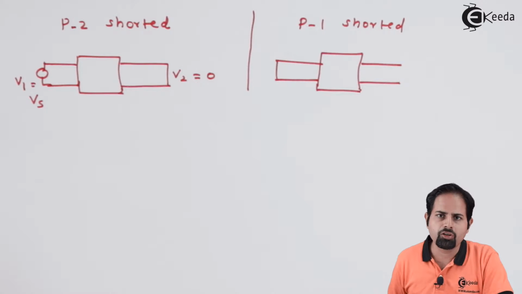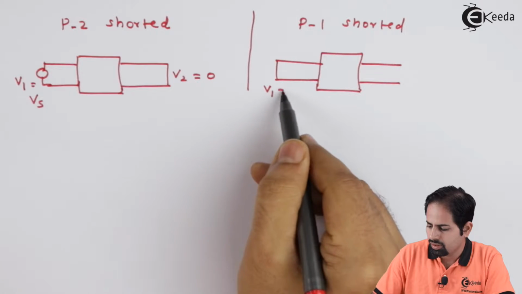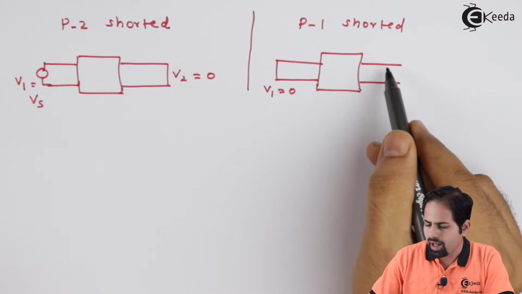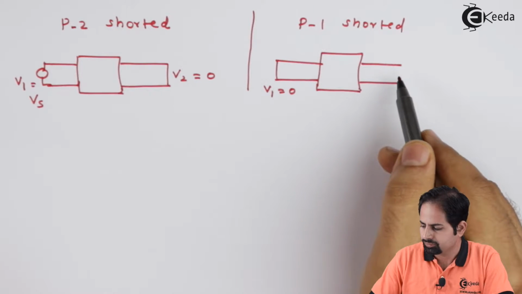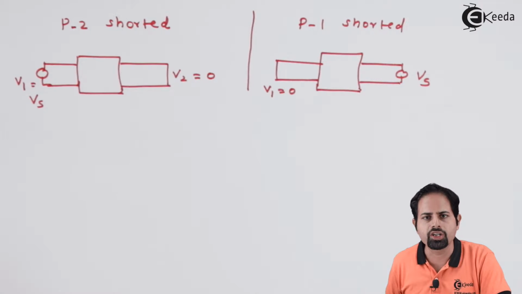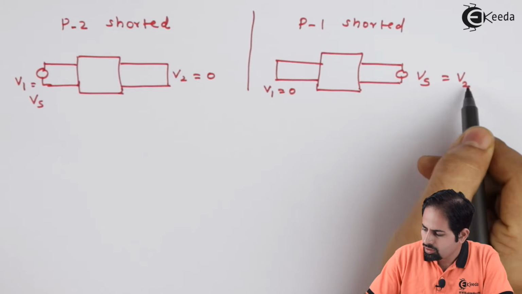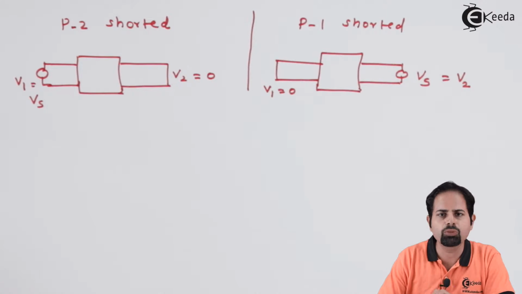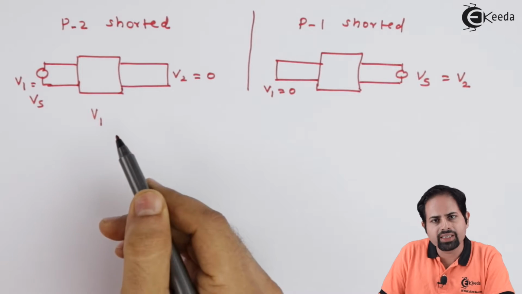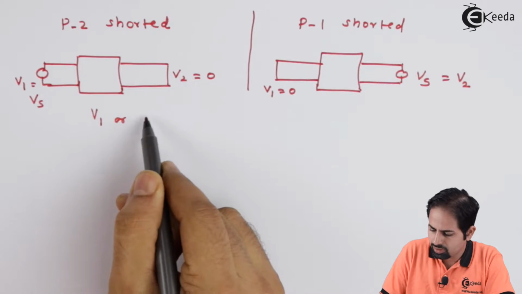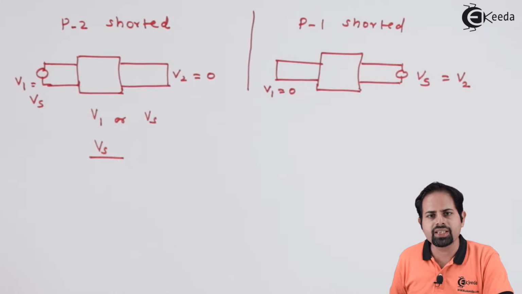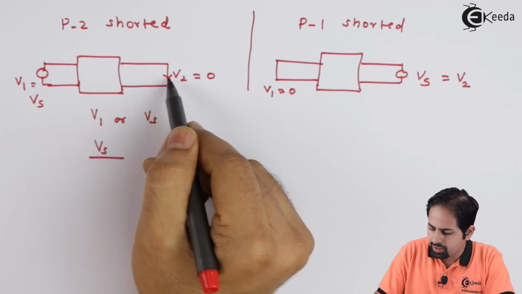which is equal to Vs. Whereas when port number 1 is shorted, V1 equal to 0 and anyway currents are as it is, and this becomes your source voltage, which is equal to V2. Now reciprocity condition is this V1, or we can say Vs. So the ratio of Vs divided by this current.